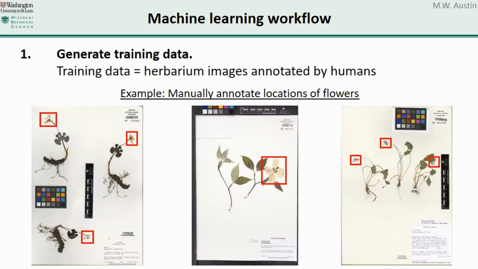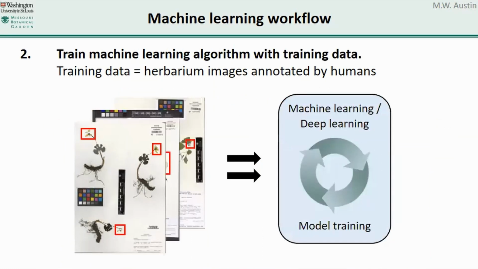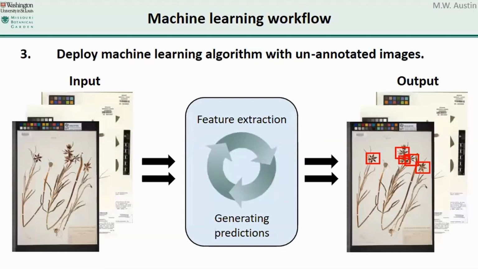After training data are generated, they are fed into a machine learning algorithm to train the algorithm on how to recognize that annotation. After the algorithm has been trained, it can be deployed with unannotated images, and the model will predict the annotation of those images.